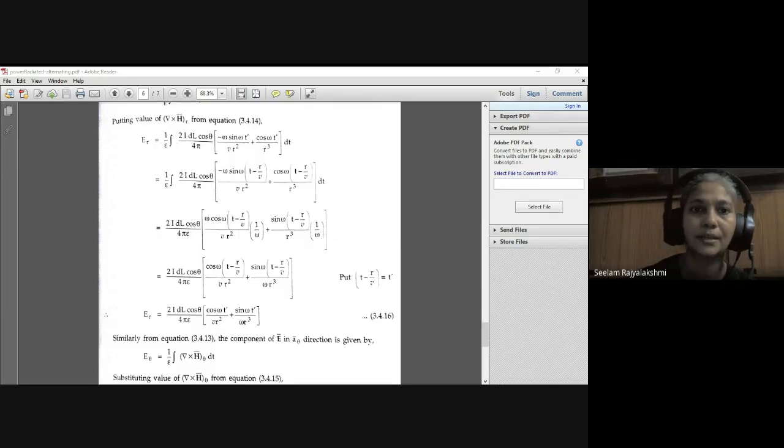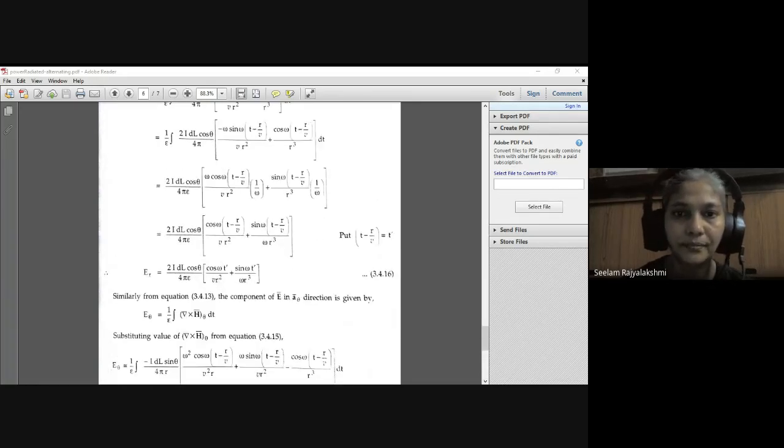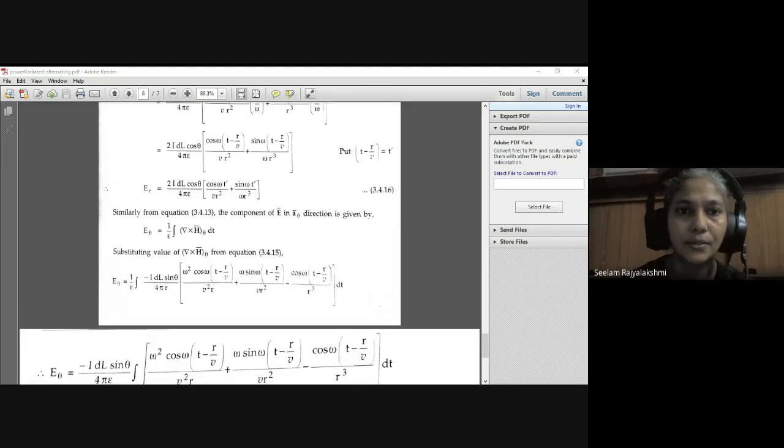So E r equals 2 I dl cos theta by 4 pi epsilon, cos omega t dash by nu r square plus sin omega t dash by omega r cube, where t dash is t minus r by nu.